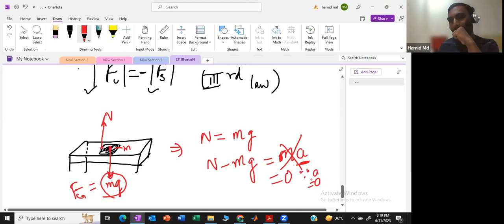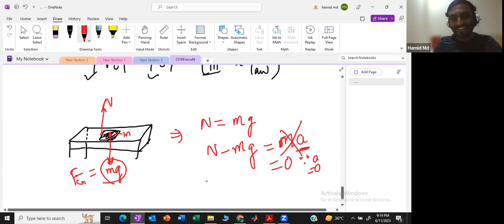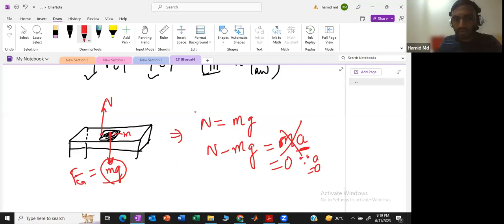I'm confused about the N minus mg. Yes, I know, because we directly jumped to Newton's third law. Give me one second. From this very equation we are moving here.